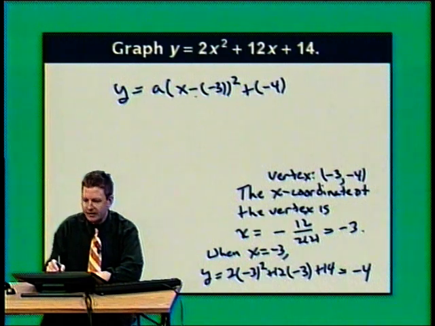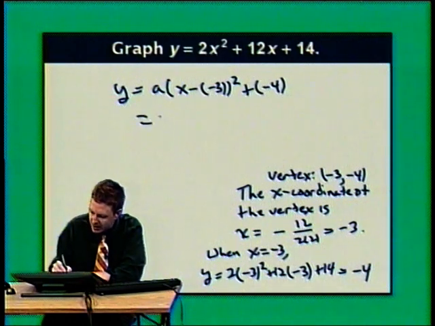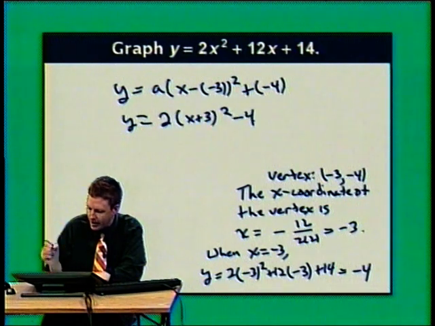When I FOIL this out, the first term I'm going to get is x squared. And when I multiply x squared by a, I need to end up with 2x squared. So my value of a must be 2. This must be y equals 2 times (x plus 3) quantity squared minus 4.